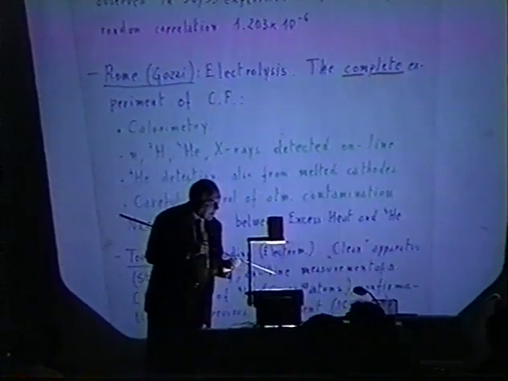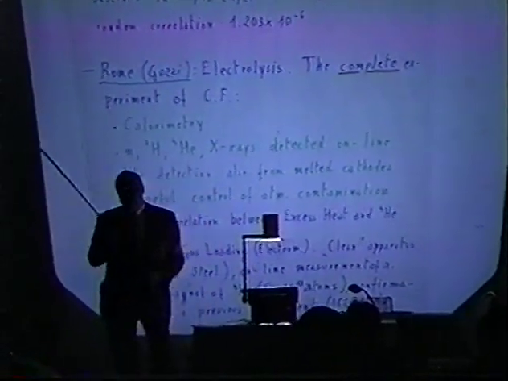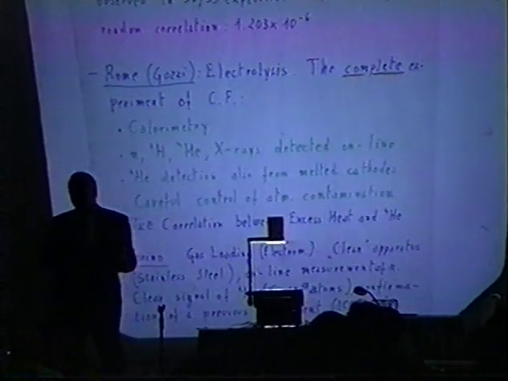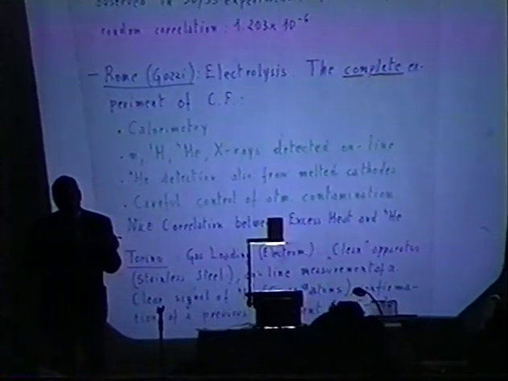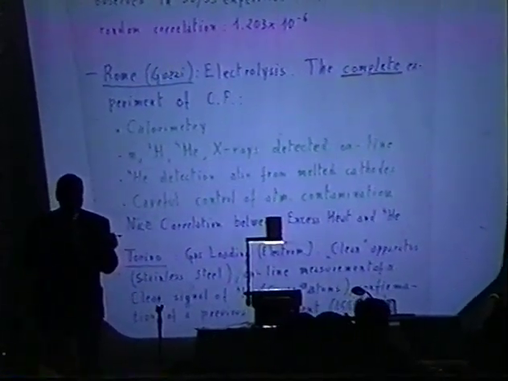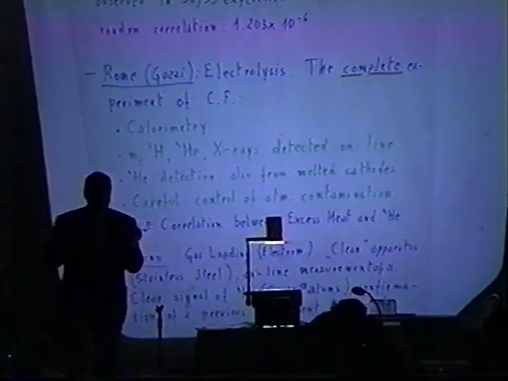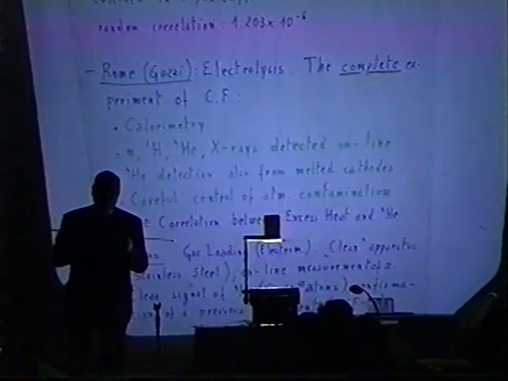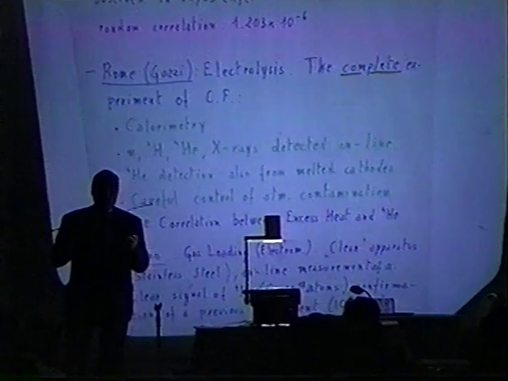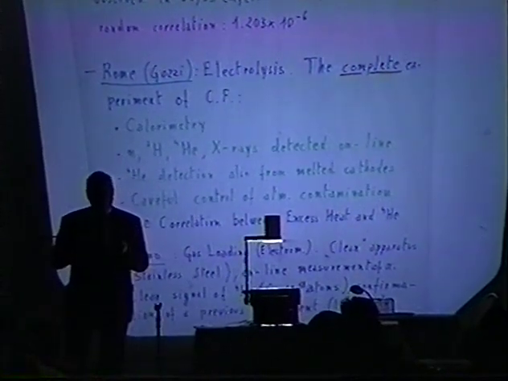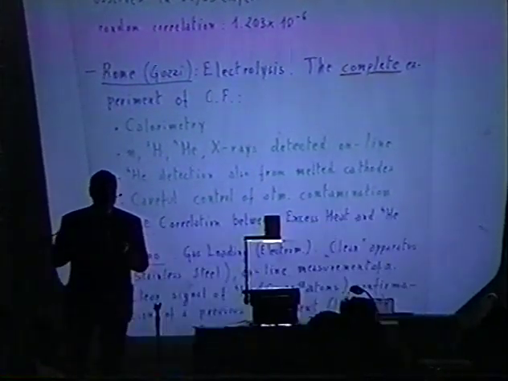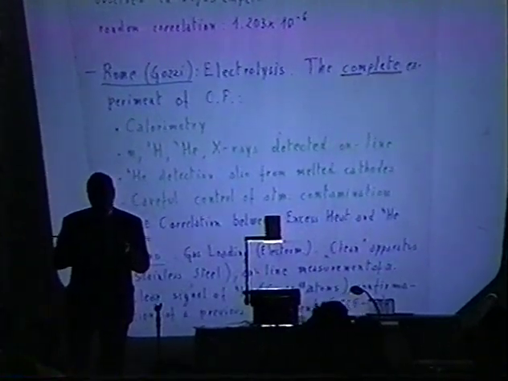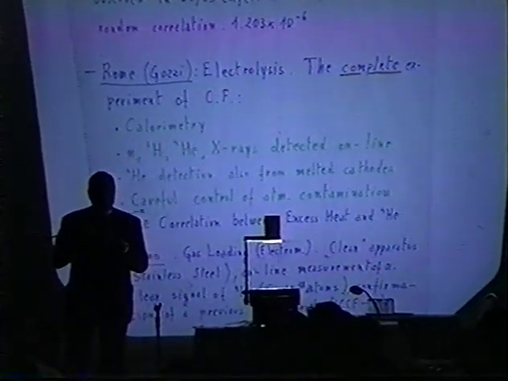When I speak of correlation, I must clarify that there are two kinds of correlations. One is the correlation across all the experiments, meaning blank or active. In the blank measurement there is no helium.